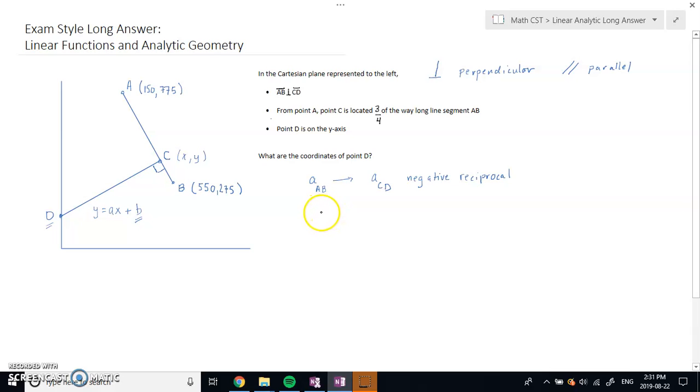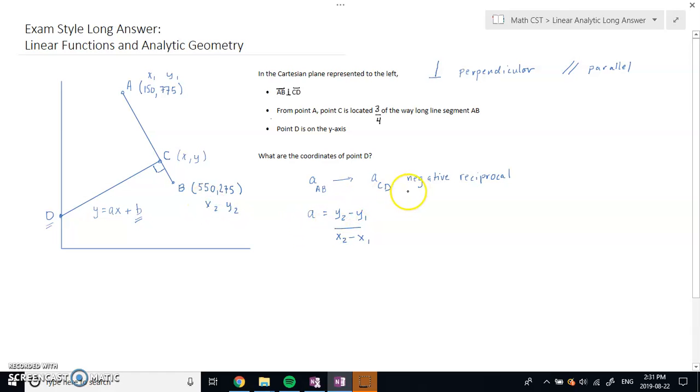What is the slope from A to B? Well, our formula for slope is y2 minus y1 over x2 minus x1. When we're determining slope, it doesn't matter which coordinate pair is x1, y1, and which one is x2, y2.